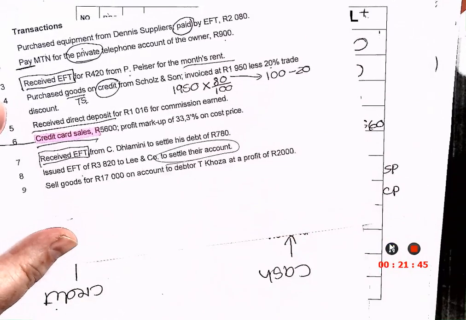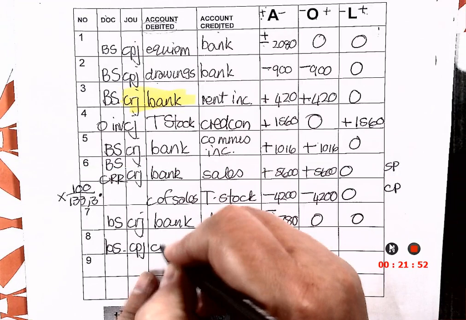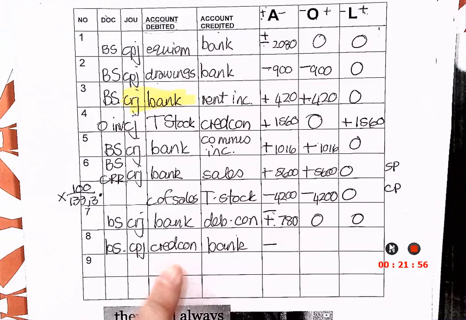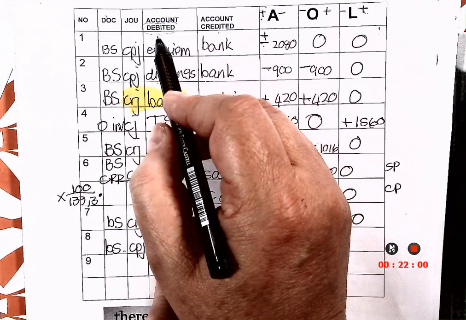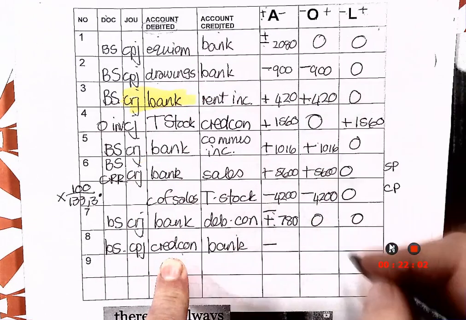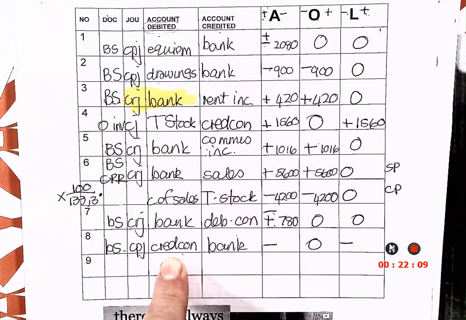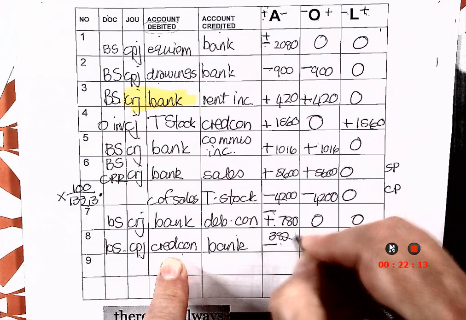So, what do I call a person I owe money to? A creditor. Don't get confused with a debtor and a creditor. Now, a creditor debited, liability minus, because now our debt with this guy decreased. So owner's equity is 0. And the amount is 3820.